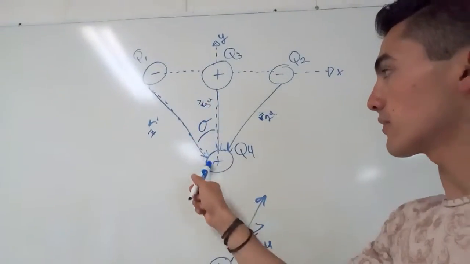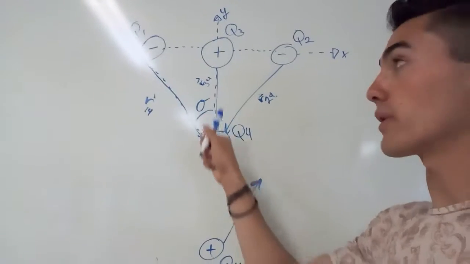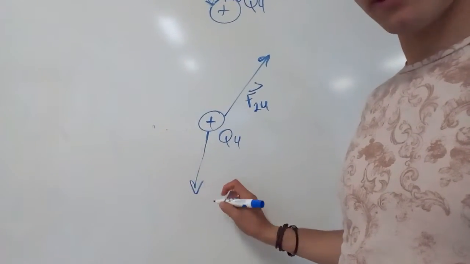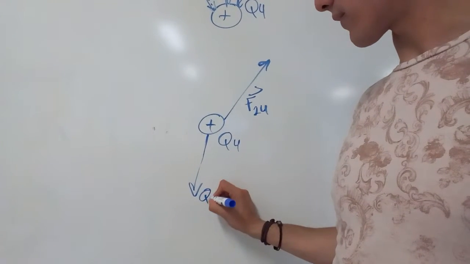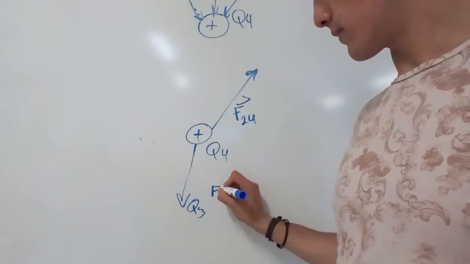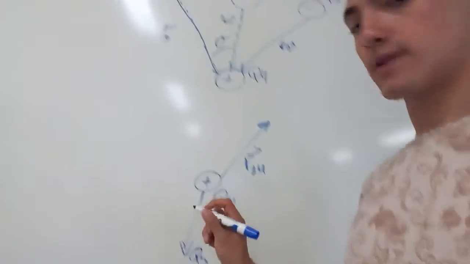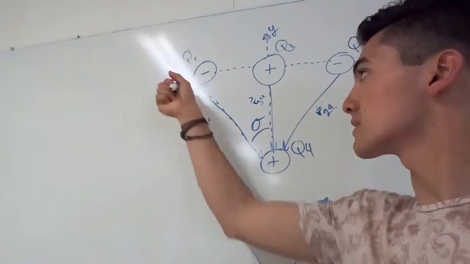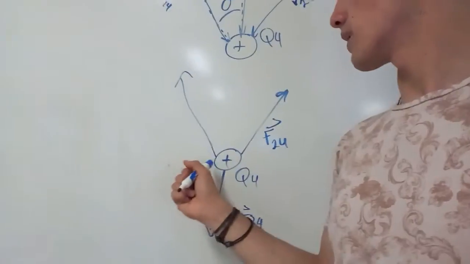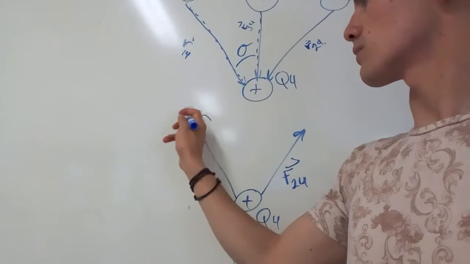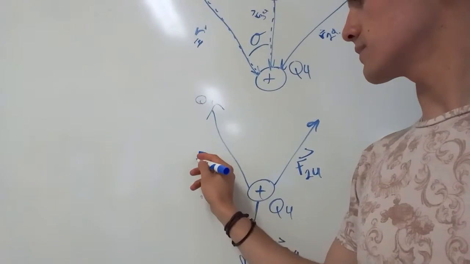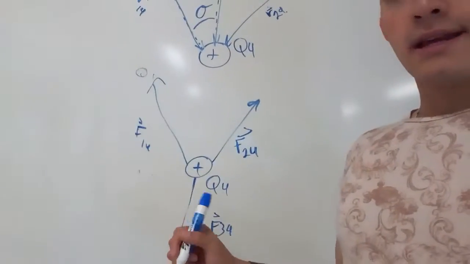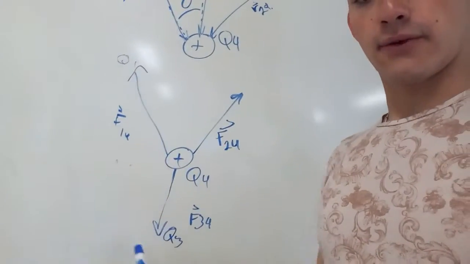But here in the third charge, they both are positive, so the force goes downwards. Here is the force 3, the force from 3 to 4. And here finally we have the other force, that is minus and plus, so it goes to Q1. Here we have Q1, and it's the force from 1 to 4. Okay? Now we have the drawing of how the forces act.